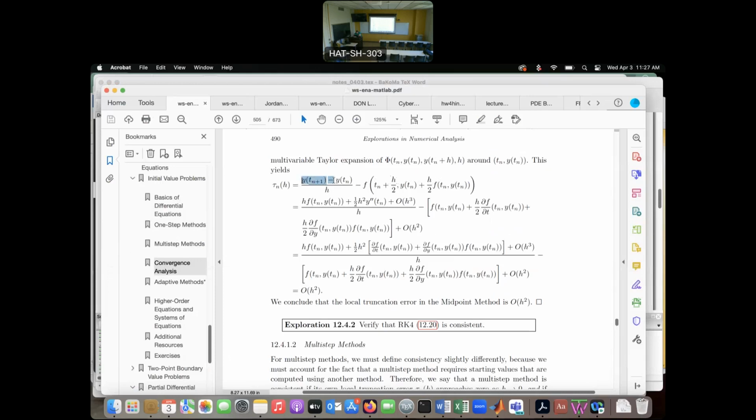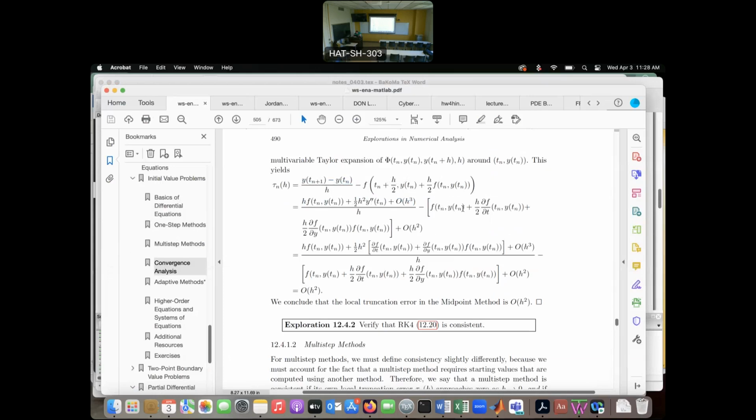So here we Taylor expand y of t n plus 1 around center t n, and this is what we get, and we take it out to be past the second derivative term. And then for the f part, here's where we do multivariable Taylor expansion. Oh, I think I missed a parenthesis there.